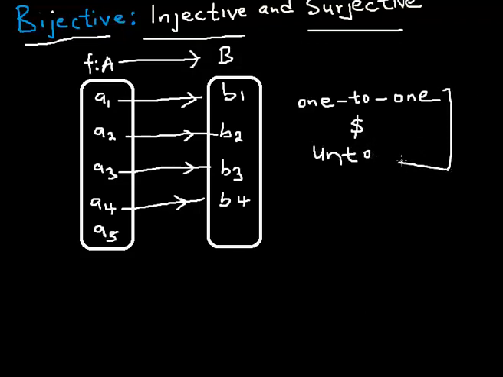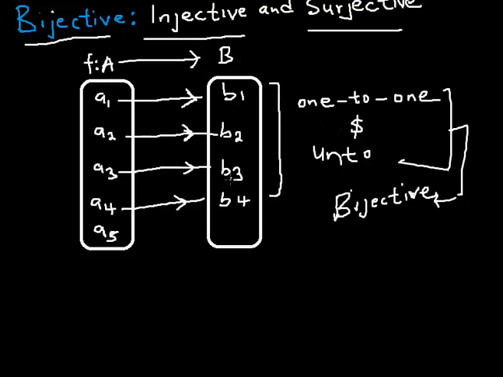So that means this function is bijective, one to one and onto. That makes it a bijective function. One to one, from what we see here, simply means that the images are unique, and at the same time the range of the function is also equal to the codomain.